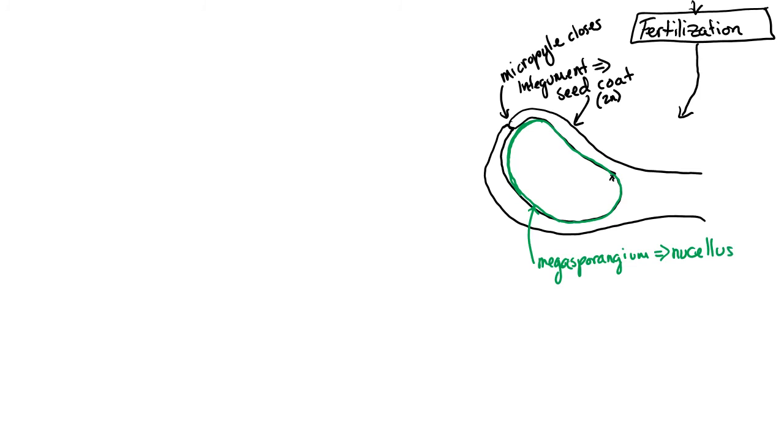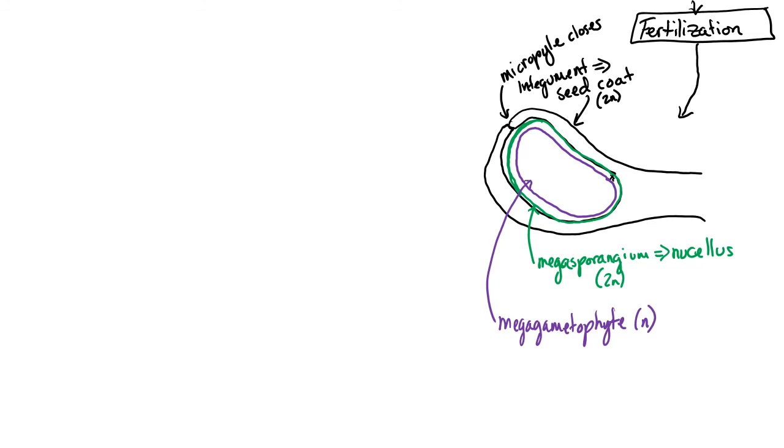And this is also diploid. Within that, we have the megagametophyte, which is haploid. And then we have now more diploid tissue because we had fertilization.